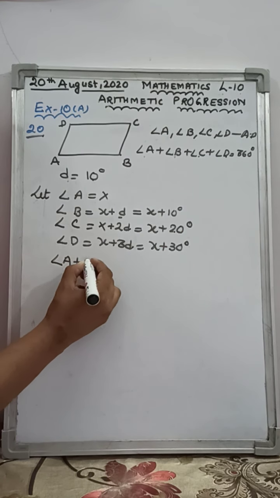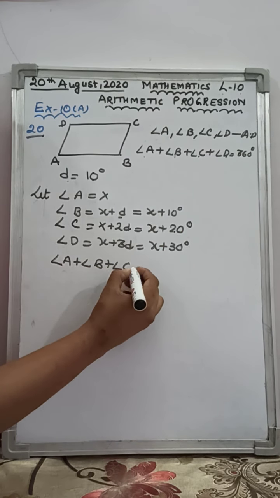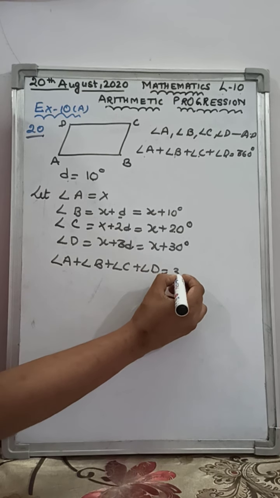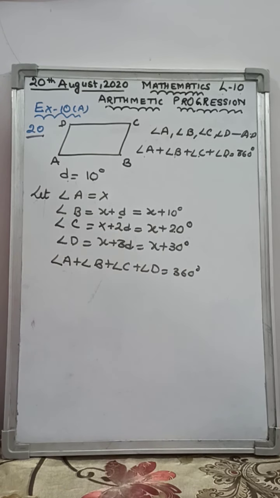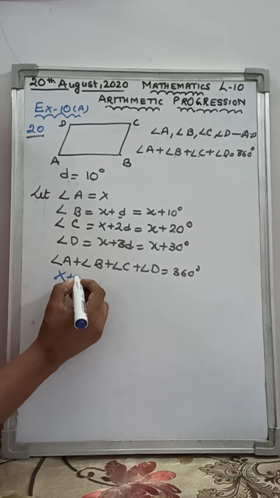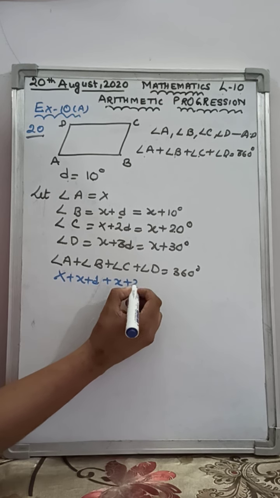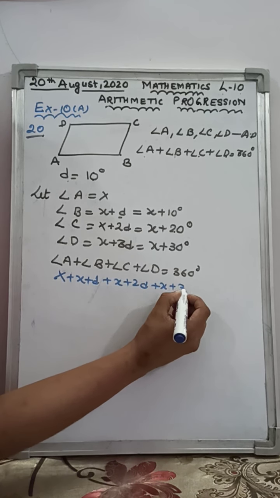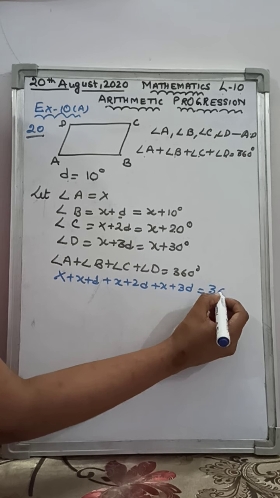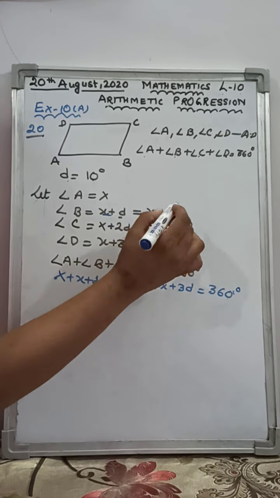So angle A plus angle B plus angle C plus angle D is equal to 360. Now we will substitute the value, that is x plus d plus x plus 2d plus x plus 3d is equal to 360. Now you will put the values.